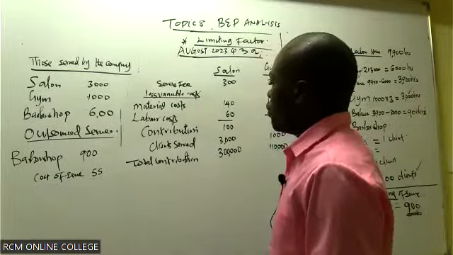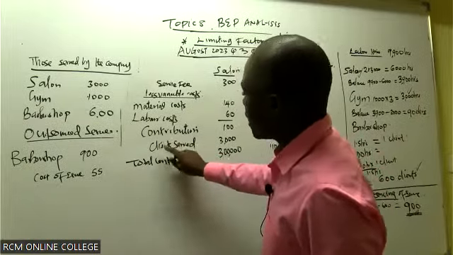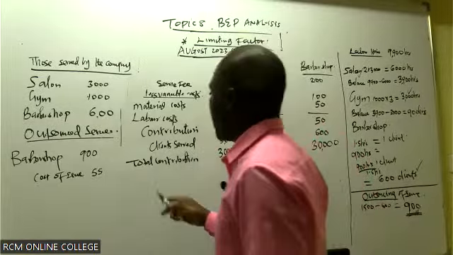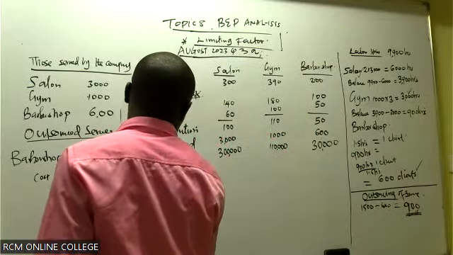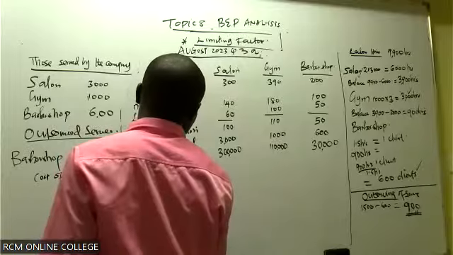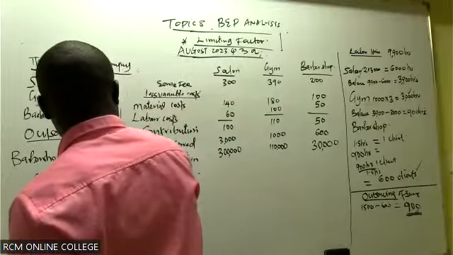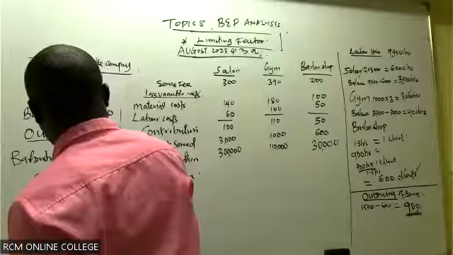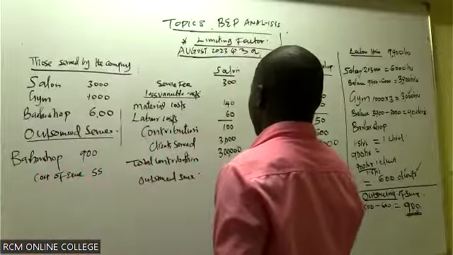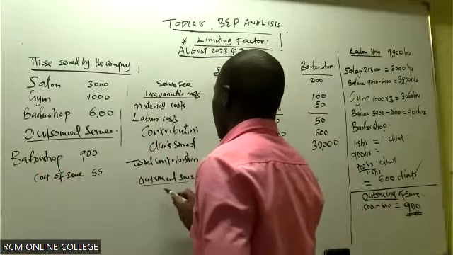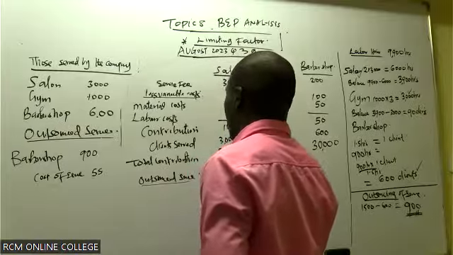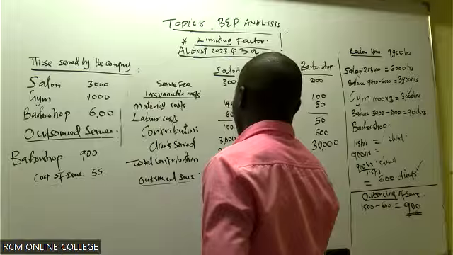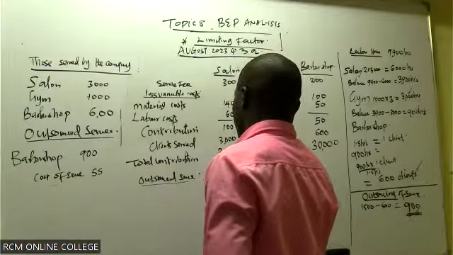So this is the contribution of goods that have the clients that have been served. Then outsourced service. Outsourced service will tell us that the 900 clients that were served, outsourced service, we have 900, which you are charged 55.